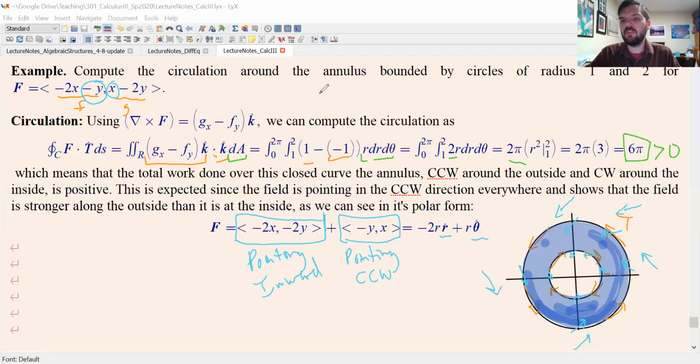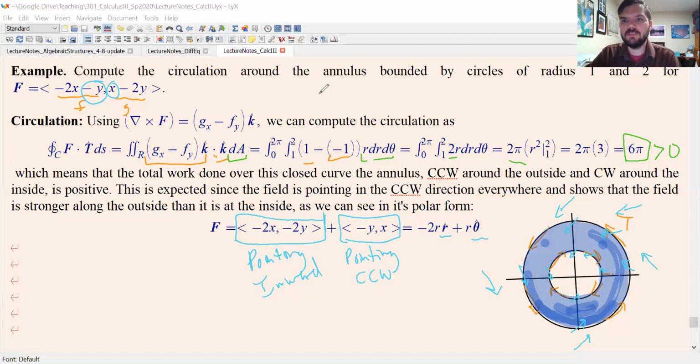And then when you switch over and go backwards against the flow, that friction is not as strong of a force as the propellant force was going around the outside. So because the vector field is stronger as you go farther away, the push on the outer edge is greater than the pull back on the inner edge or the interior curve.